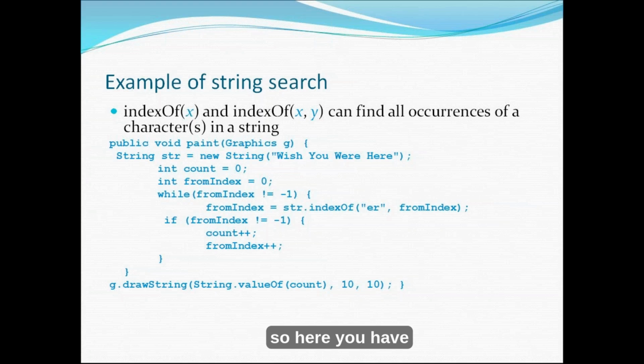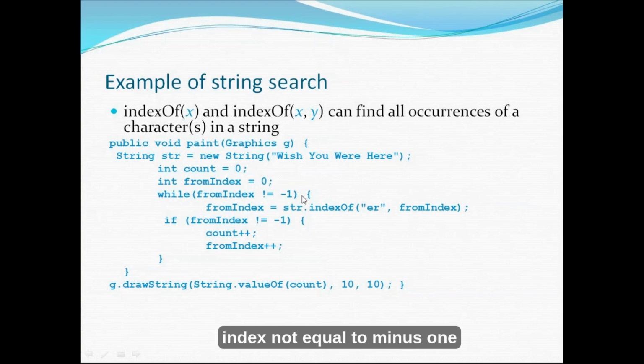So here you have a method paint. You are creating a string object here. This is your count, this is your index.